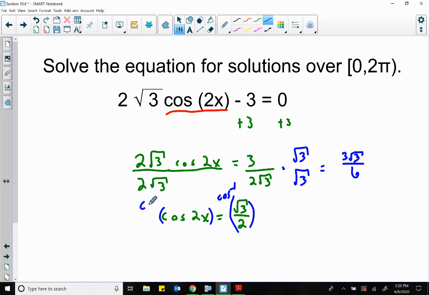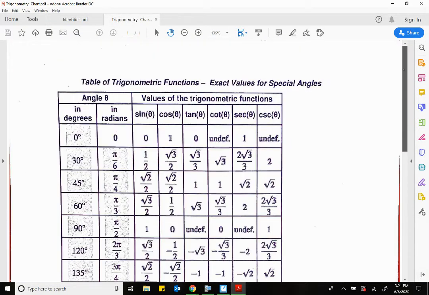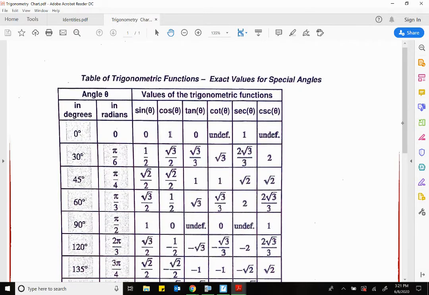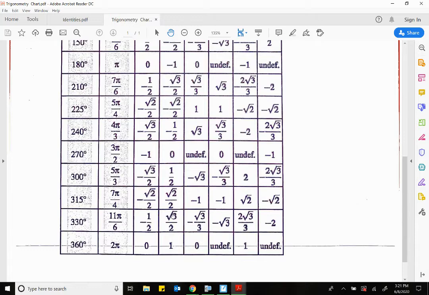Cosine inverse. So now you have 2x equal to, well, when is cosine the square root of 3 over 2? And again, they want this in radians. So cosine is the square root of 3 over 2 at pi over 6. And I think it's actually the same answer that we just had a second ago. Pi over 6 and, yep, 11 pi over 6.